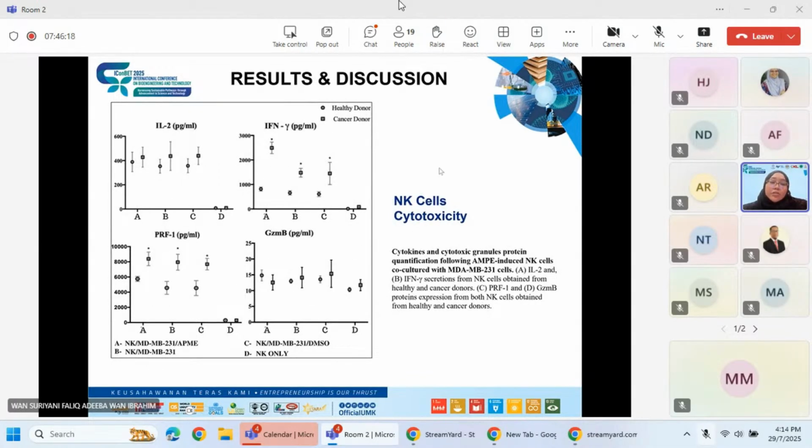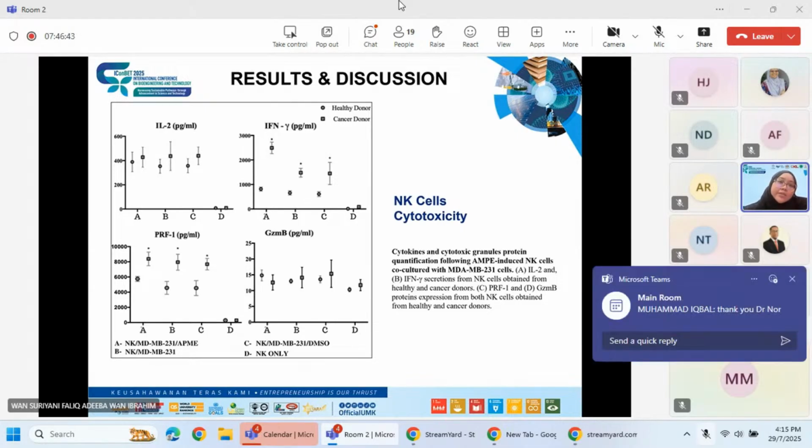These are the cytotoxicity markers that we measured: interleukin-2, interferon gamma, perforin, and also granzyme B. As I mentioned earlier, if we want to understand the function of interleukin-2, I would say that it is like a fuel. Interleukin-2 activates and proliferates NK cells.